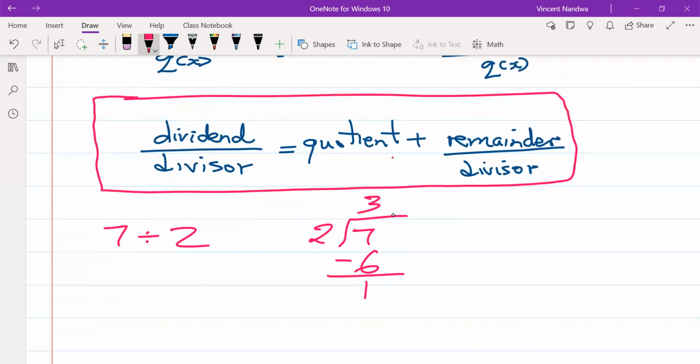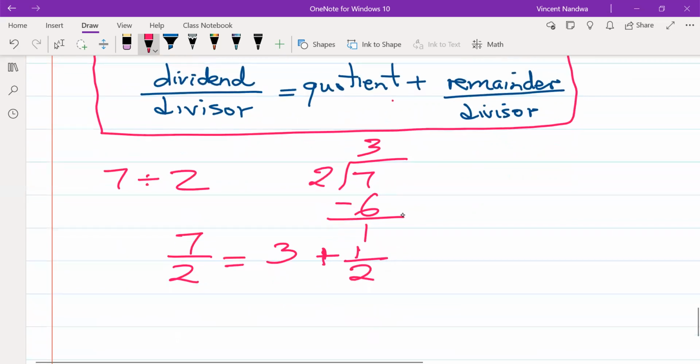Okay? So you say 7 over 2, quotient is 3, plus the remainder is 1, divided by the divisor 2. So 7 divided by 2 is 3.5. That you know, okay? So you can use that example to illustrate that.